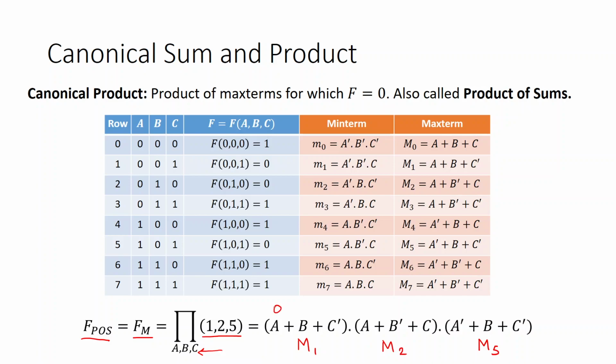So this is 0 0 1, this is 0 1 0, and this is 1 0 1. And then just simply AND them together. That's all. So that is how you find the product of sums.